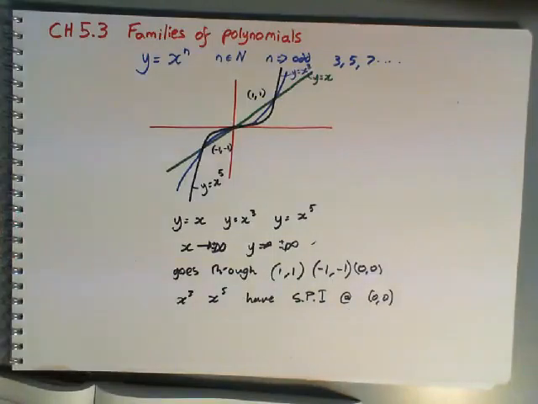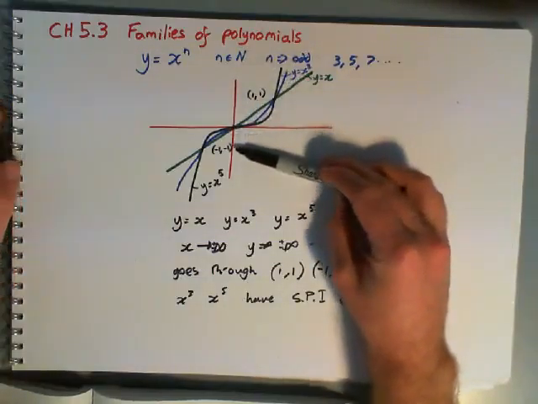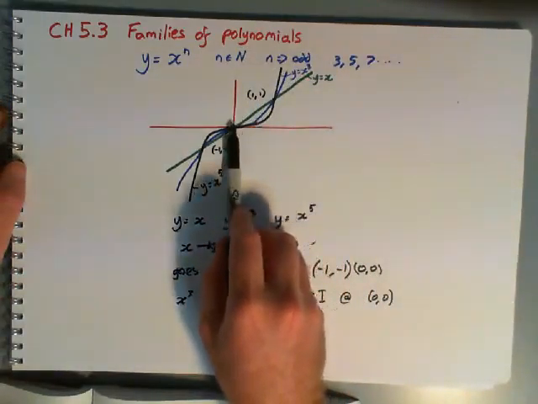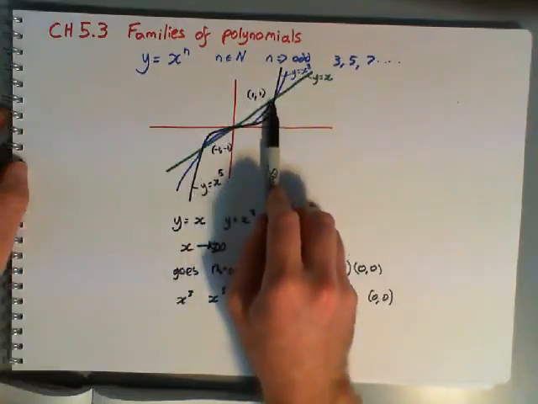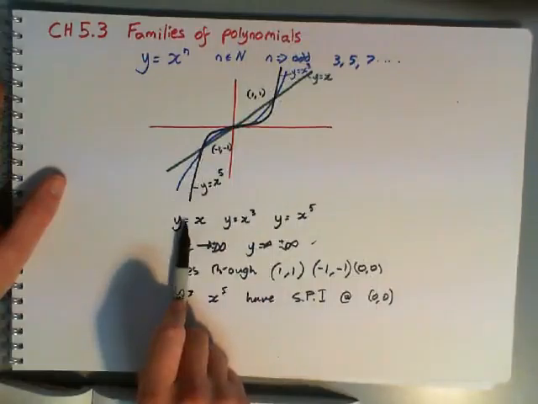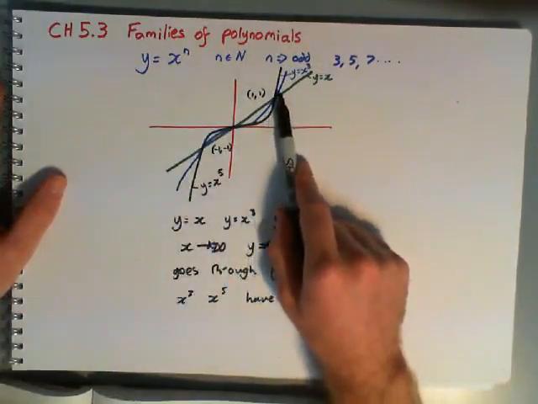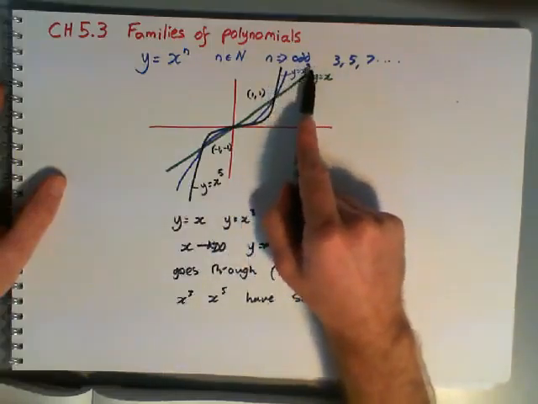The higher the power, the more narrow it is for x values greater than 1. After 1, as I said before, we're going to get really steep for the x to the 5, and after minus 1 we're getting really steep in a negative direction for x to the 5. The same thing happens for x to the cube.